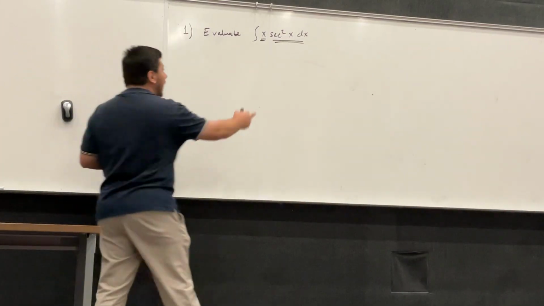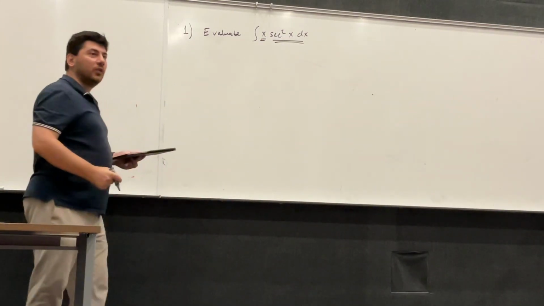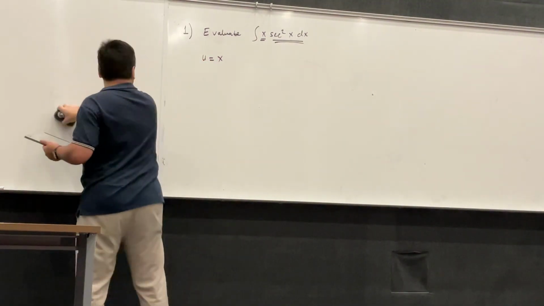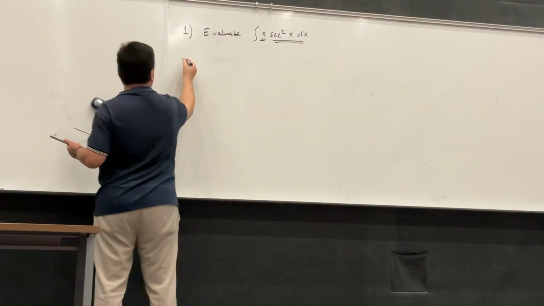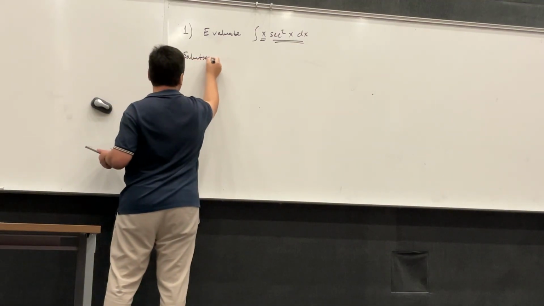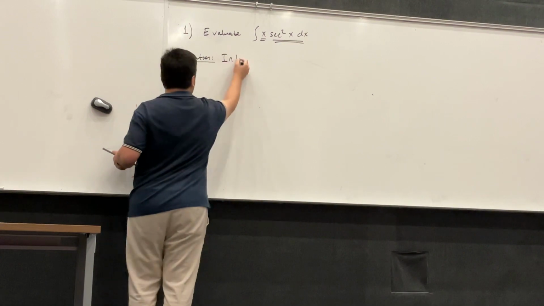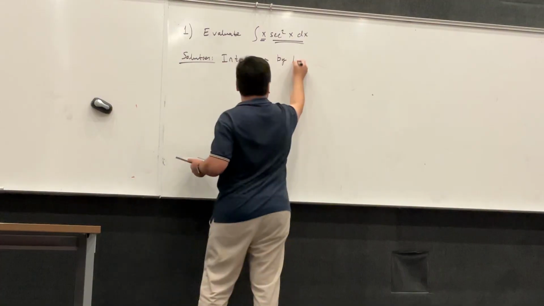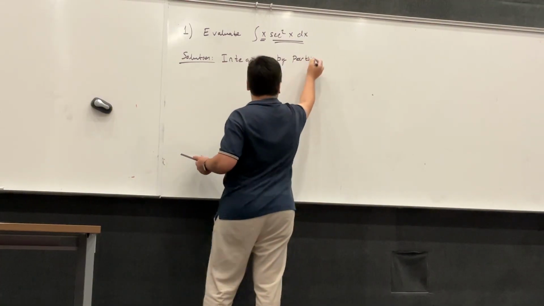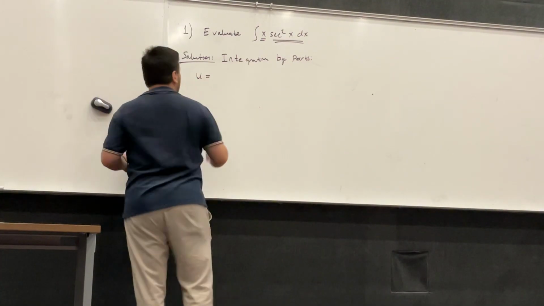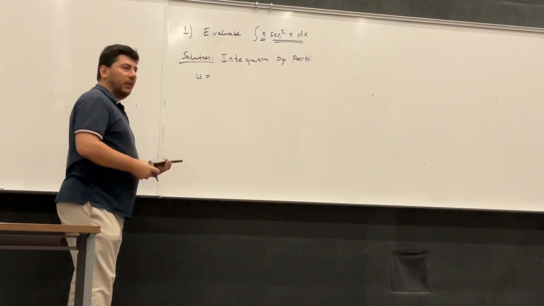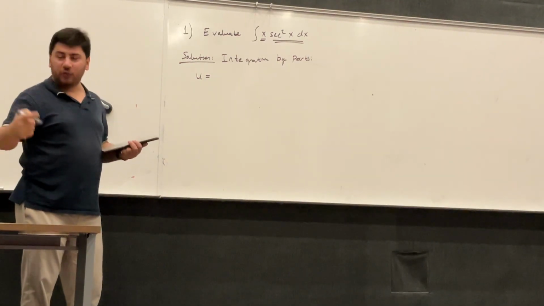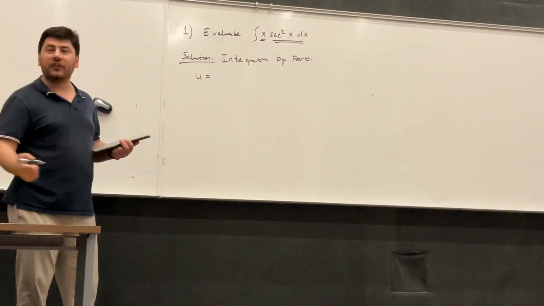And since there is an x here, there is a likelihood that if you fix u to be x, I'm going to write integration by parts. What do you pick as u? Why? It's easier, because we are taking the derivative of u and the integral of dv.